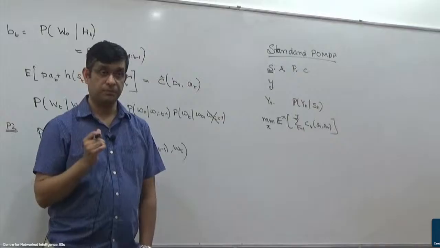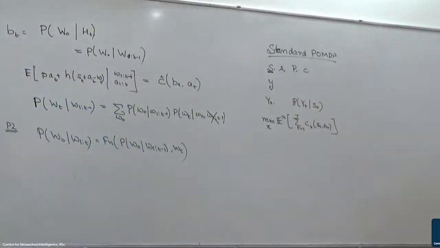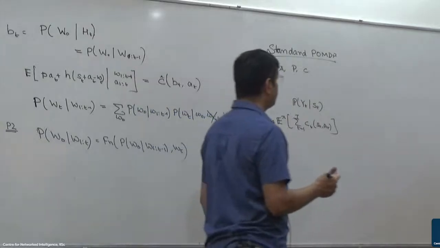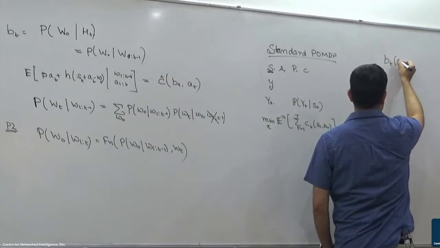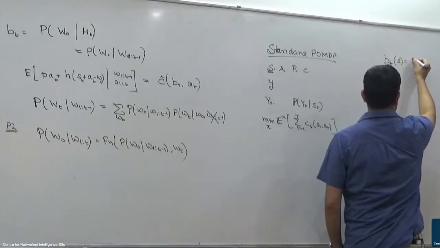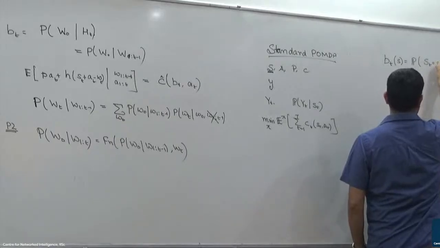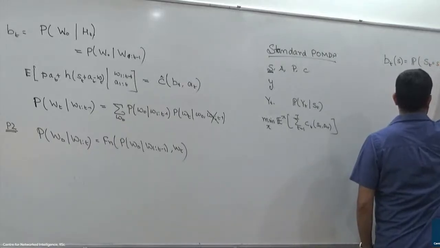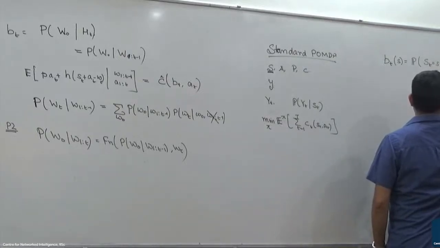Now, this is a special case of the type of models that we have been considering. What we can show is that for this model, if I write what is called the belief, Bt of S, it will be the probability distribution of st equals S conditioned on y1 to t, a1 to t minus 1.